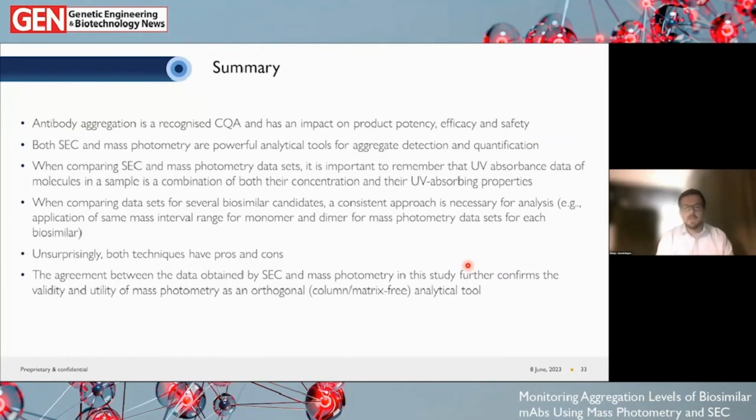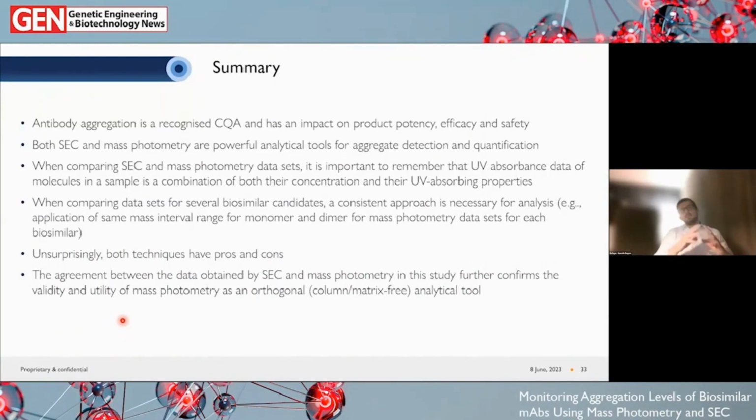Equally, there'll be considerations like this where the analysis of the SEC UV data is concerned, with defining the parameters for peak integration, for example. Unsurprisingly, both of the techniques do have pros and cons, but the agreement between the data obtained by SEC and mass spectrometry in this study further confirms the validity and utility of mass spectrometry as an orthogonal analytical tool.